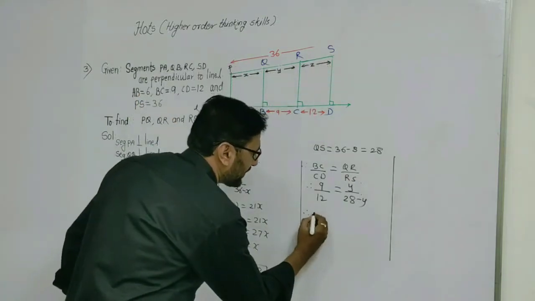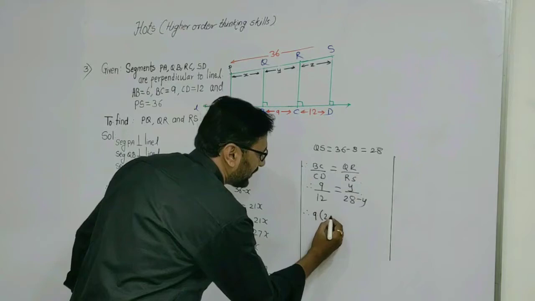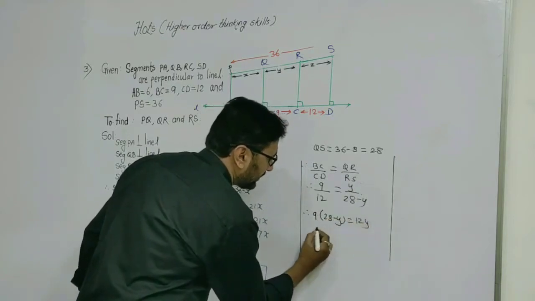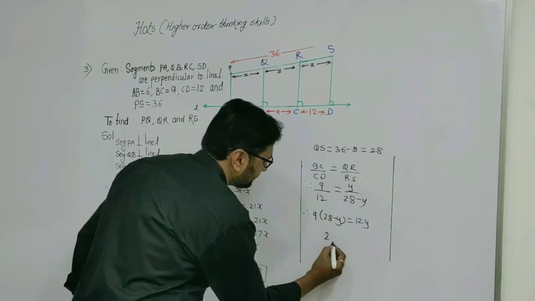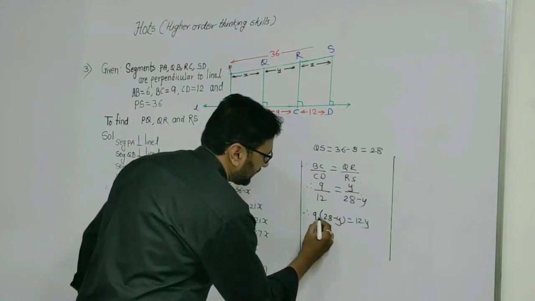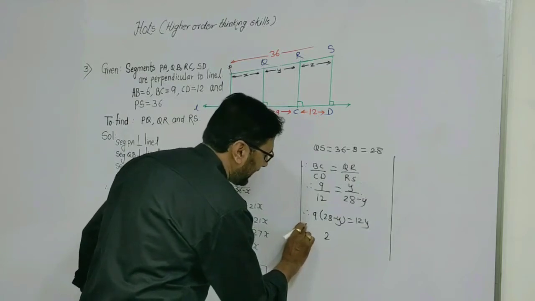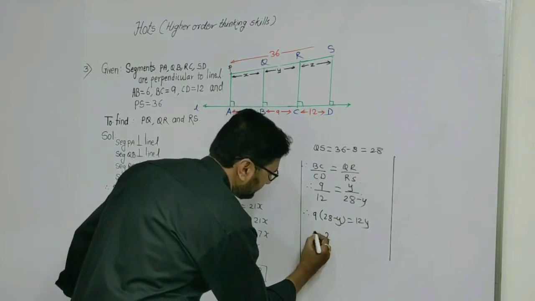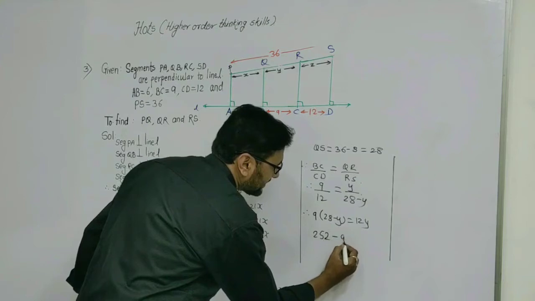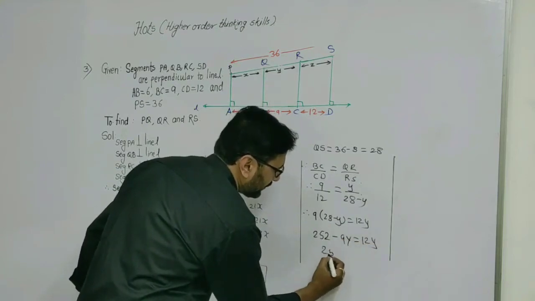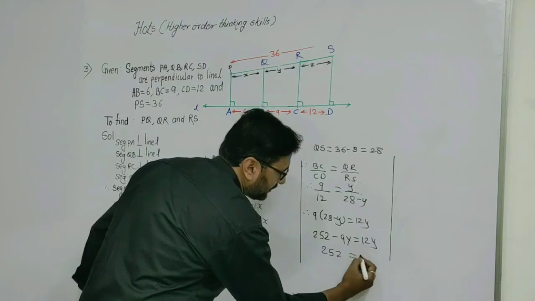So again do cross multiplication. 9 into 28 minus Y equal to 12Y. 9 8s are 72, 9 2s are 18, 18 plus 7 is 25, so 252 minus 9Y equal to 12Y. So 252 is equal to 21Y.